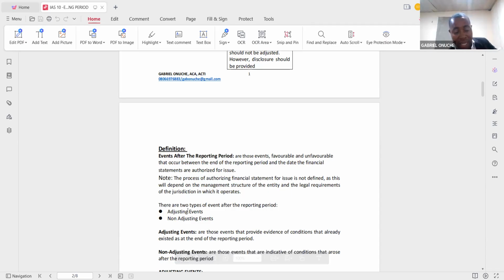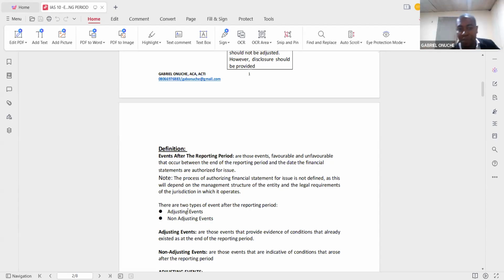All right. So we look at legal requirements. If, for instance, CAMA says your financial statements must be authorized on or before the end of the third month, then that is the date the financial statements must be authorized for issue. But if CAMA does not specify, then it is strictly a management policy or structure to determine that. In another country with a legal requirement to that effect, then fine.